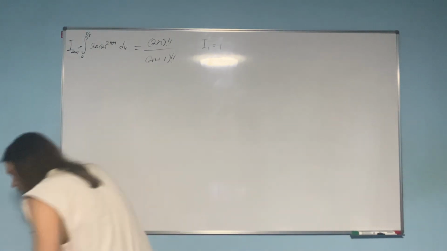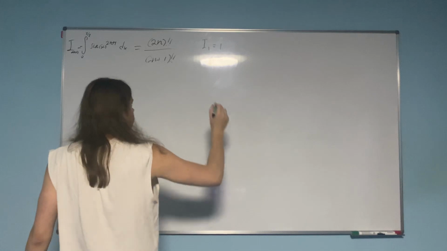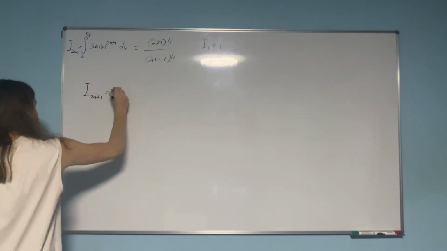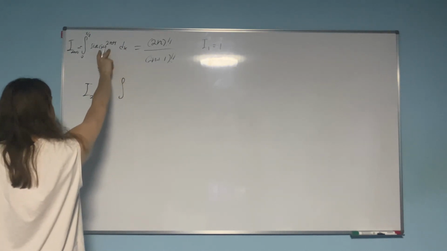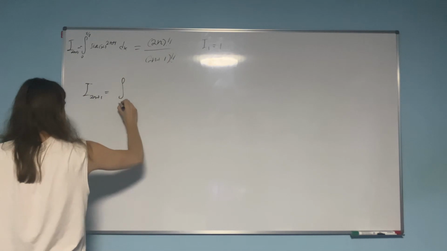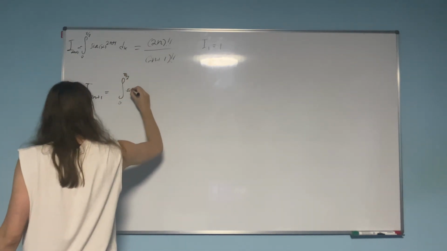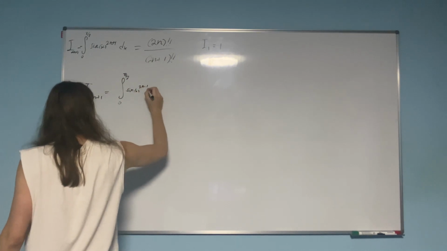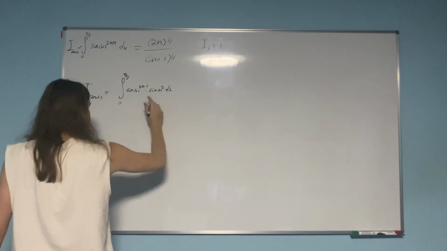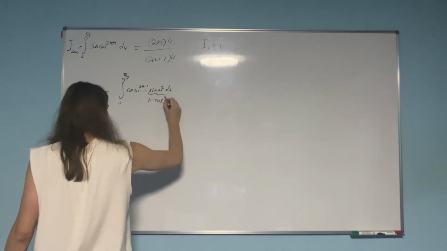So first of all, we do this one trick. We take a factor of sine squared from this and write it down separately. And now write the sine squared as 1 minus cosine squared.